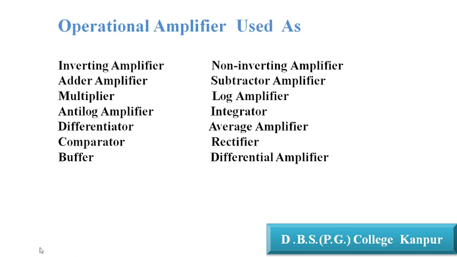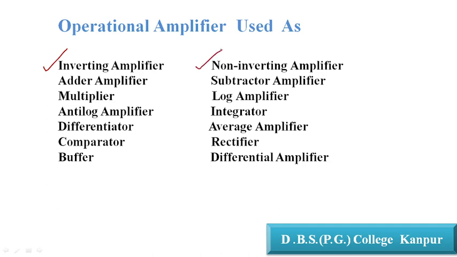It is almost impossible to list them all here, but some important and well-known applications are the inverting amplifier, which we will discuss in a special class in this series, and the non-inverting amplifier.